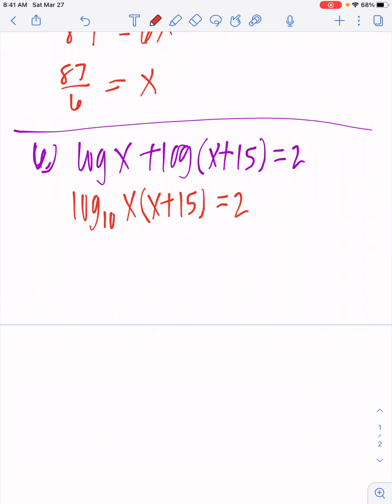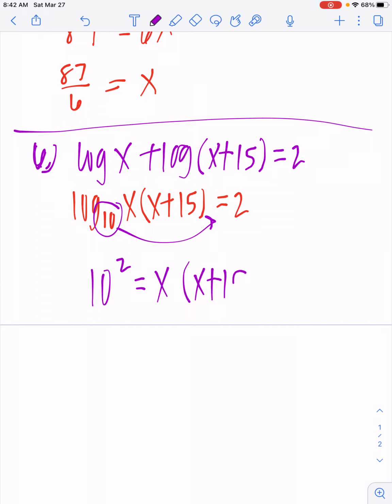So I've condensed it, which is great, but now it's like, well, I've still got this log, and the x's are still in parentheses, which really isn't helping me. So once I get it to one single log, I can put it into exponential form again. And from here, this is going to be a quadratic, 15x, sorry.